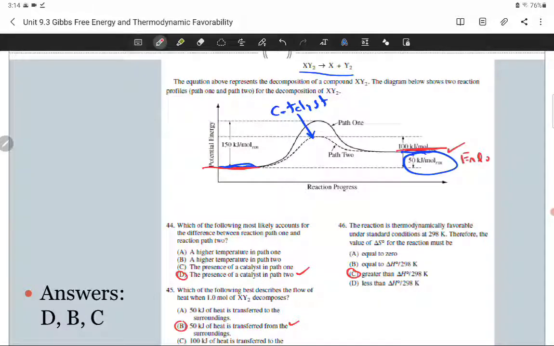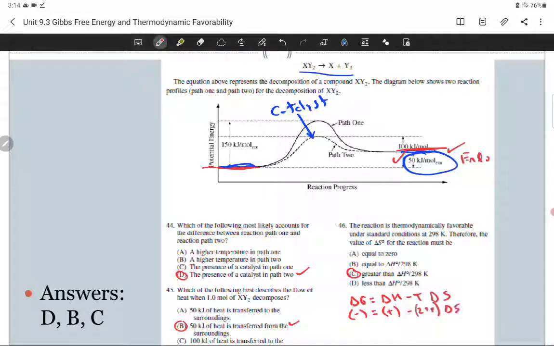Let's see. Reaction thermodynamically favorable under standard conditions at 298. Therefore, delta S is... So let's go back to our delta G equals delta H minus T delta S. Thermodynamically favorable, we know that has to be a negative. This is 50 kilojoules absorbed, so that's a positive. Yes, we have a 298 in here. I guess we could put that in, but we could have just put T in there.